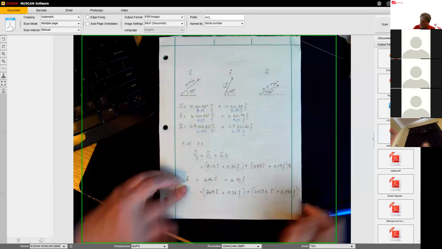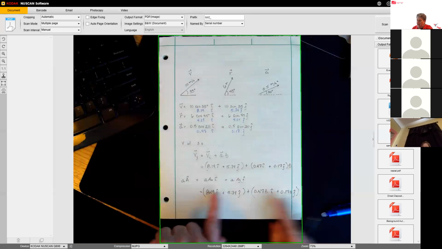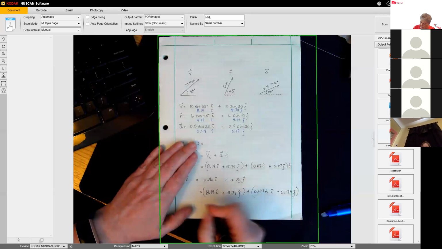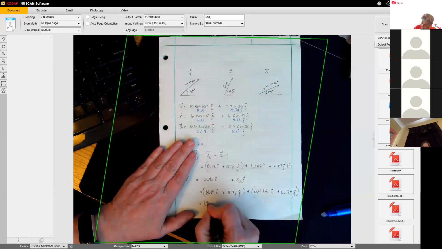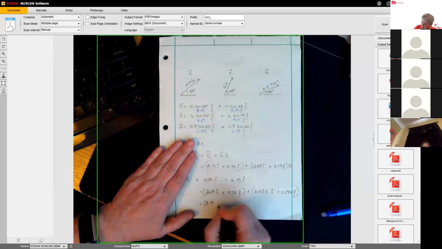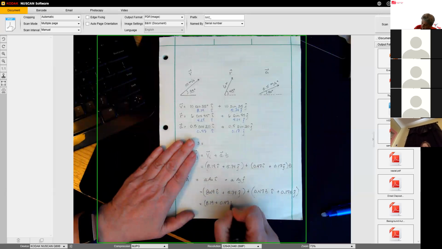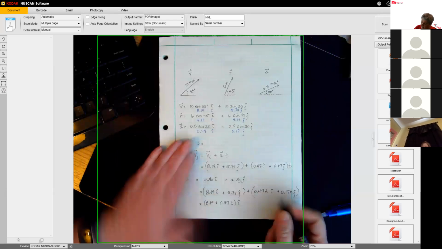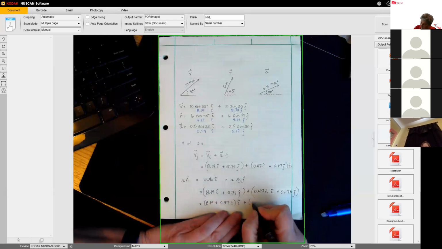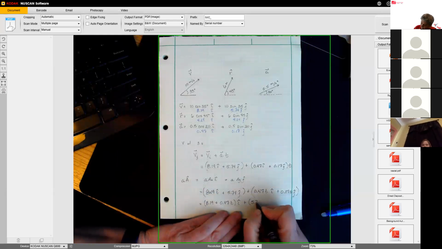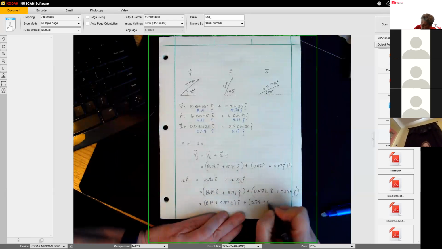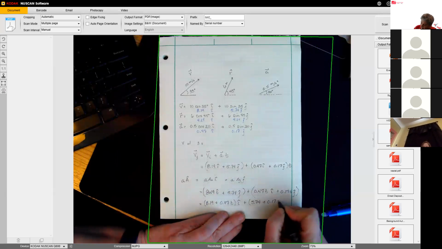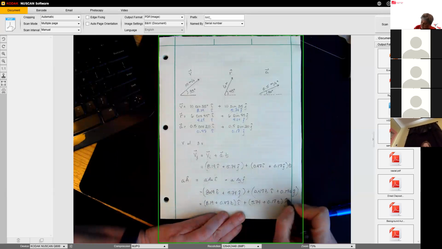Now, I have to put the I's together and I have to put the J's together. So now I'm going to get 8.19 plus 0.47t, and that's all in the I direction. And I get 5.74 plus 0.17t in the J direction.